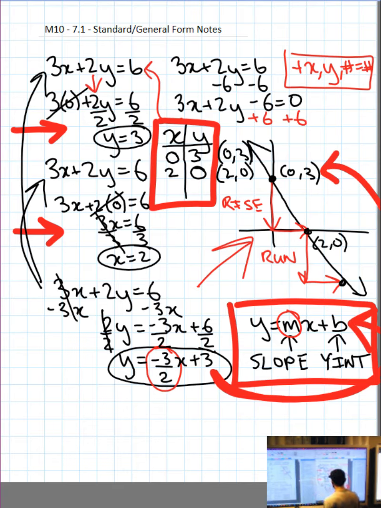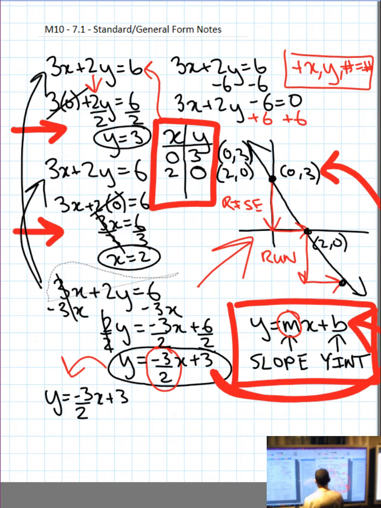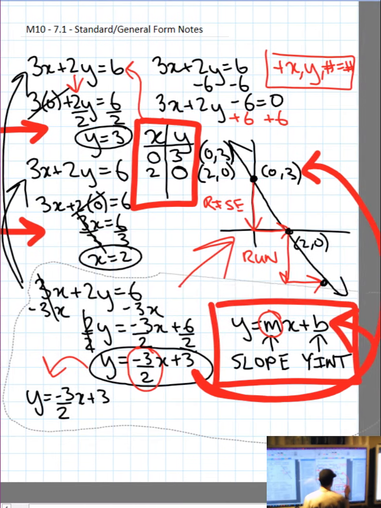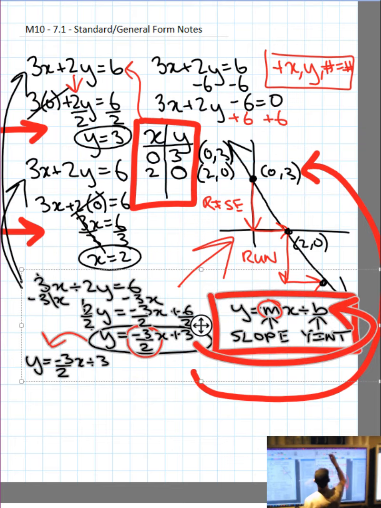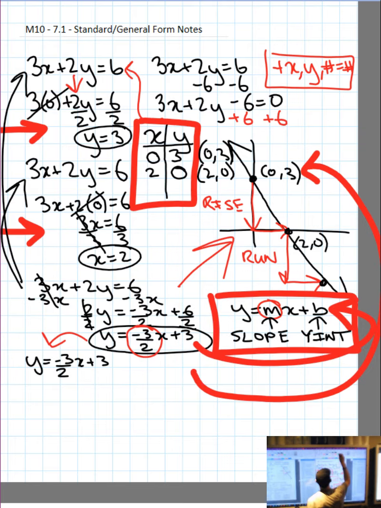Okay, now I'm going to take what I had. Y equals negative 3 over 2x plus 3, what we just did. And this time, I'm going to clean it up a bit, shrinking this a tad. And I'm going to clean it up by taking the equation, and I have a 2 on the bottom.